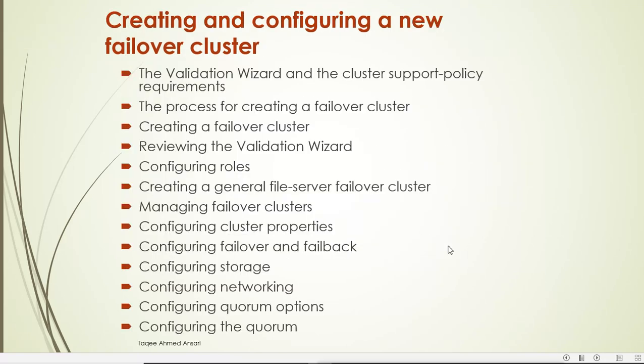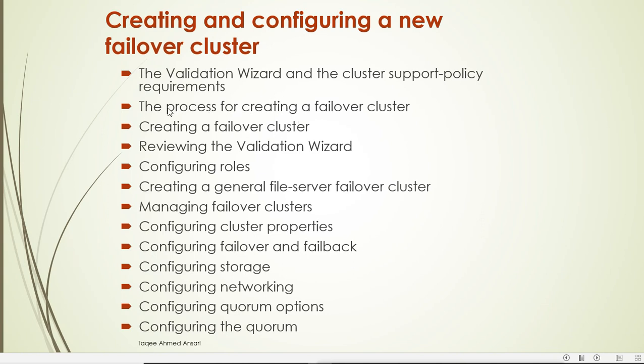Now creating and configuring a new failover cluster. First we have to make sure the configurations are right: hardware configuration, network configurations, and storage configurations. After doing all these, we go for the validation wizard to check whether our nodes are able to create the cluster or not.